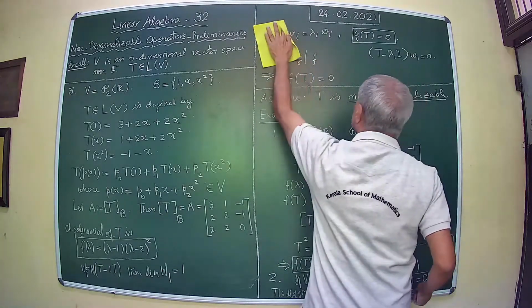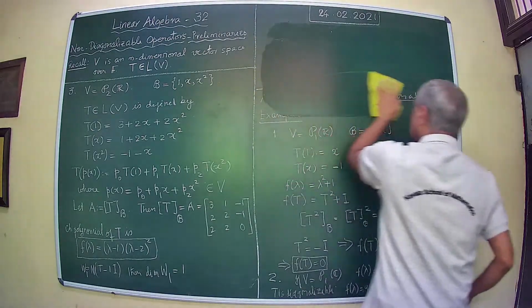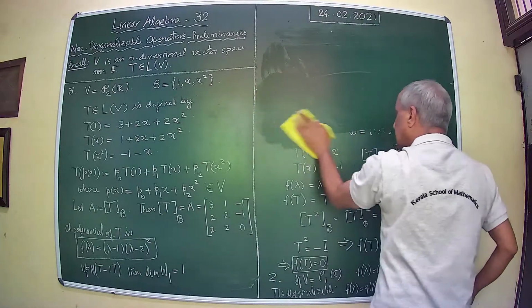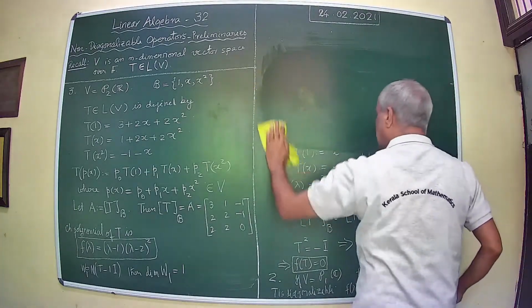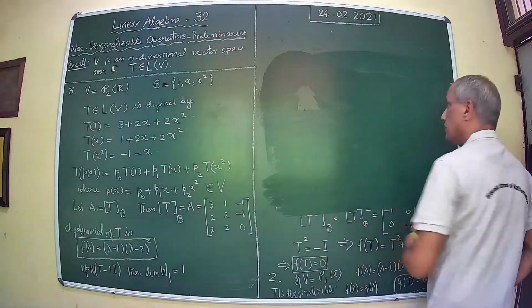Similarly, we can work out the nullity of T minus 2I.